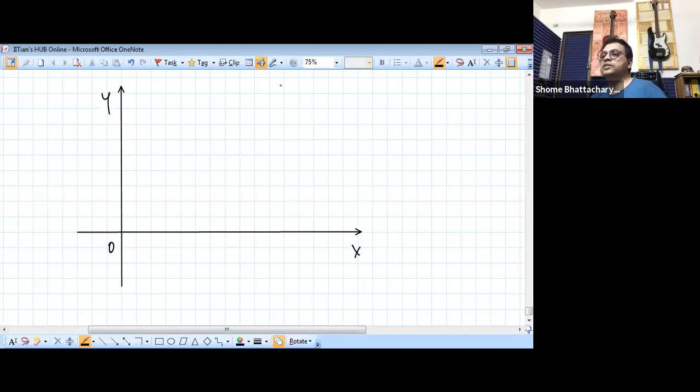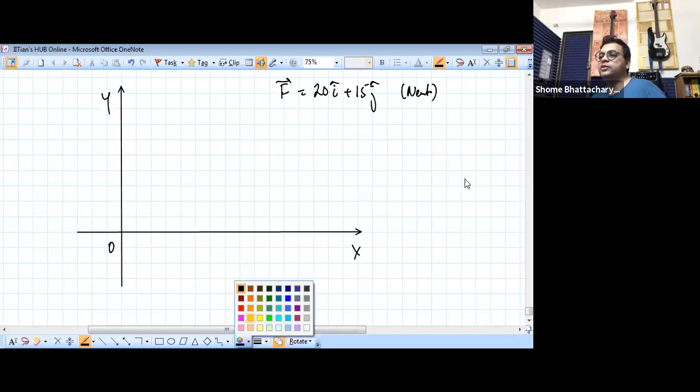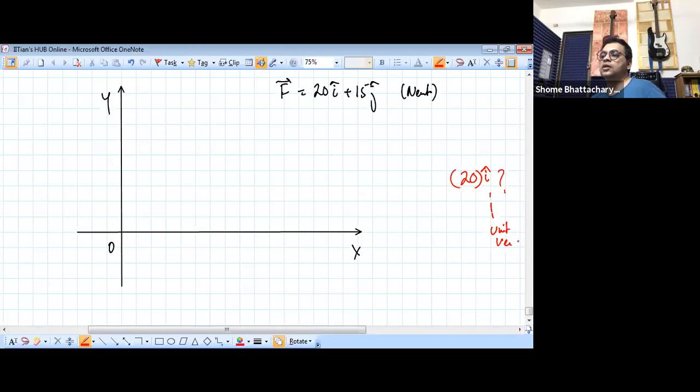And the force is given to me as 20 i cap plus 15 j cap in newtons. So now let me ask you, what is the quantity 20 i cap? I cap is a unit vector along the x-axis.